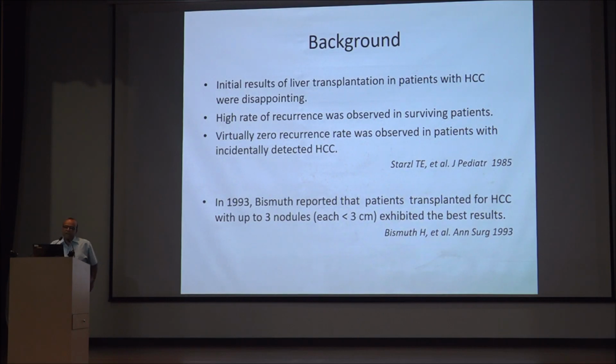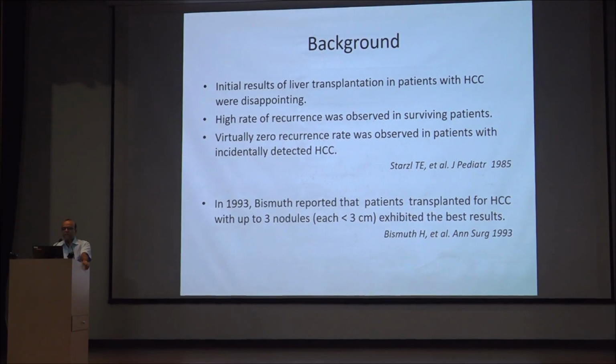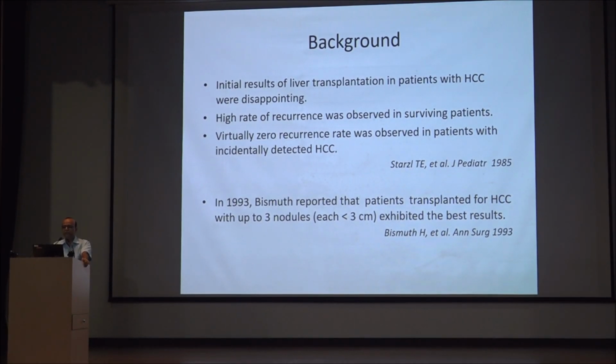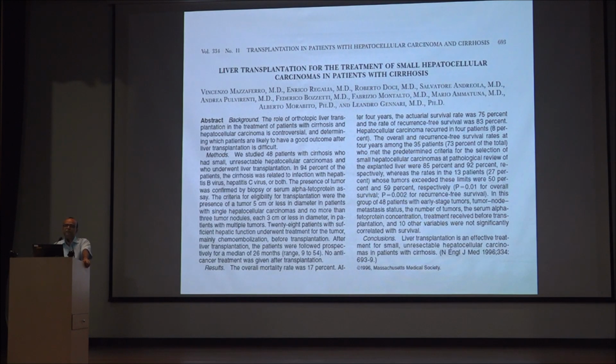Henry Bismuth from France was the first to report that patients transplanted for HCC with up to 3 nodules, each less than 3 centimeters, exhibited the best results. But the most landmark publication was from Mazzaferro et al. from Italy, which reported very good outcomes in selected patients transplanted for HCC, subsequently known as the Milan criteria.